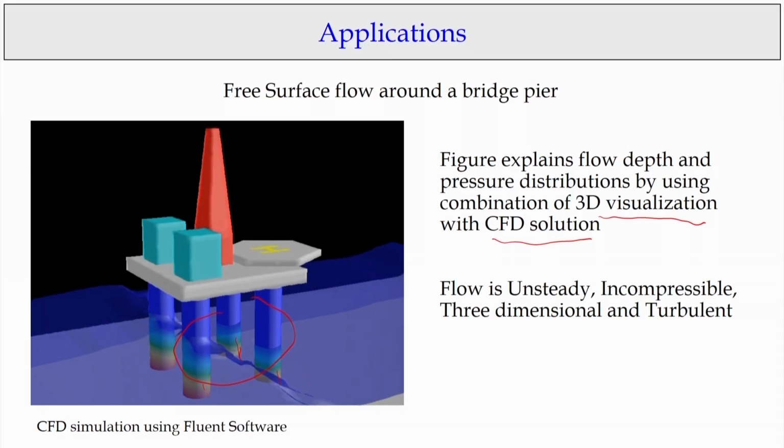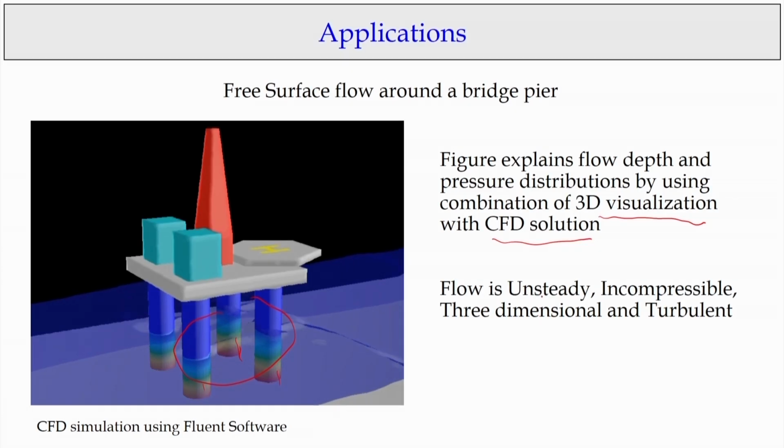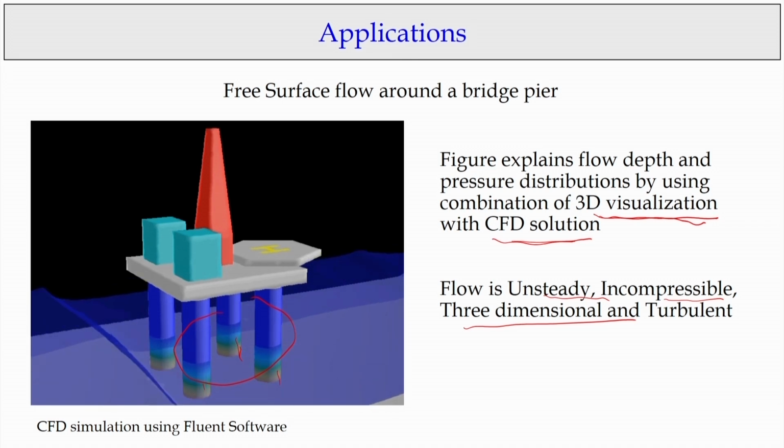If you look at these 3D figures, this flow is unsteady, varying with time, incompressible, 3-dimensional and turbulent. So, all this complex flow we can solve using CFD, and we can visualize the flow in 3D. Somebody can feel how the flow is going on. If you look at that, there is also breaking of waves happening.